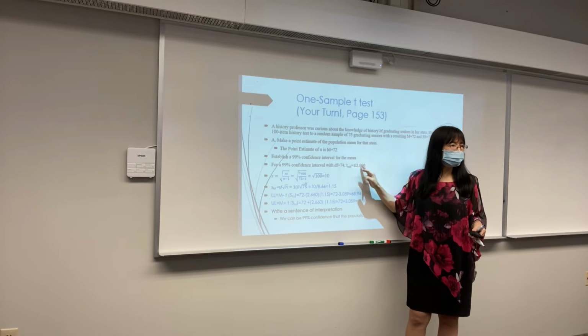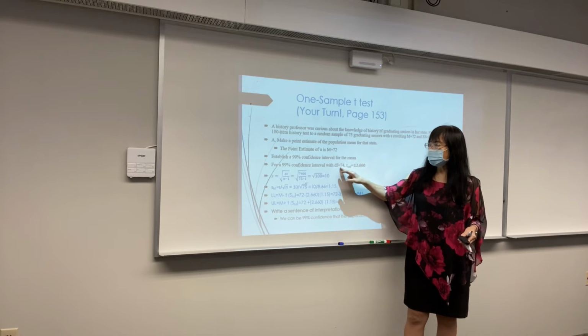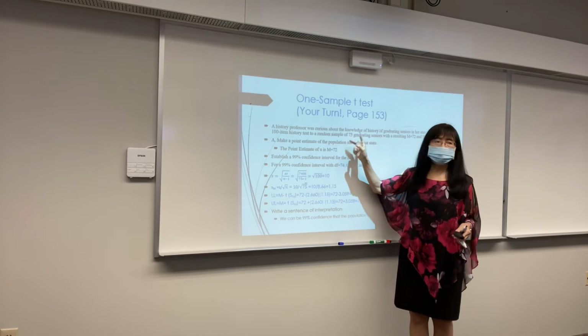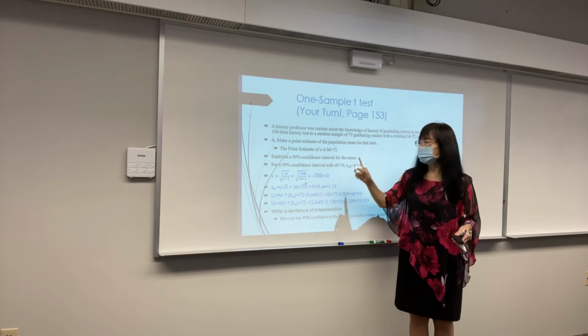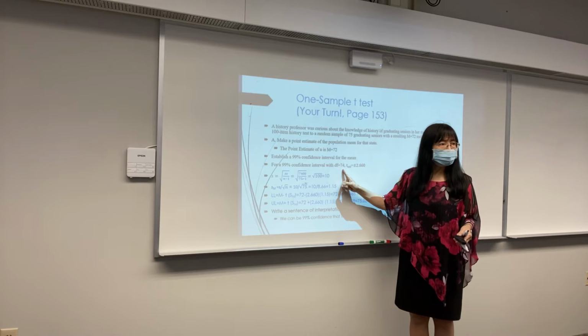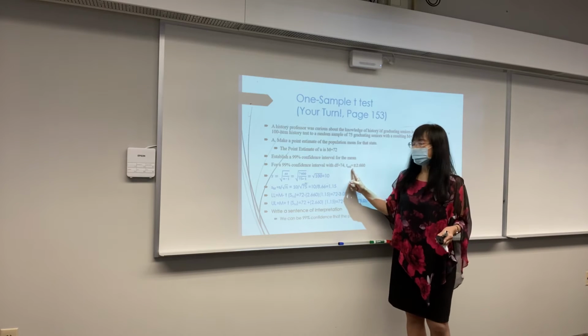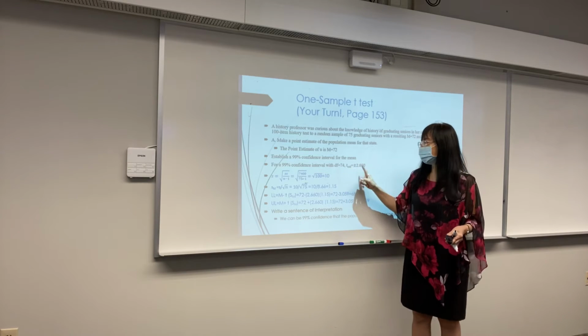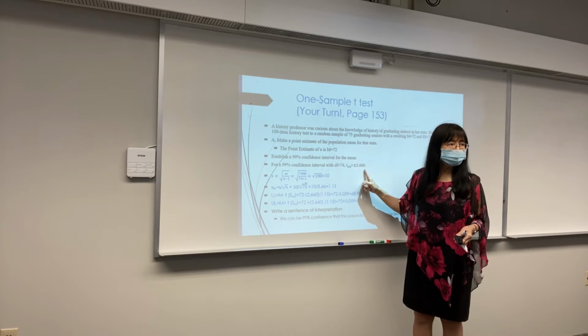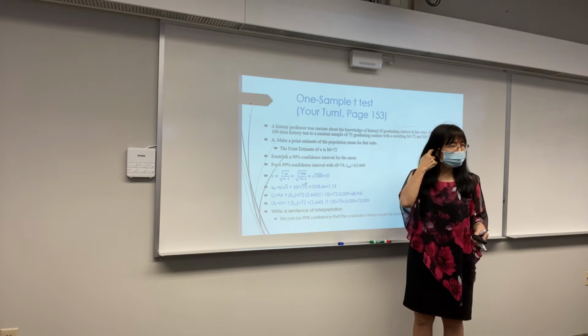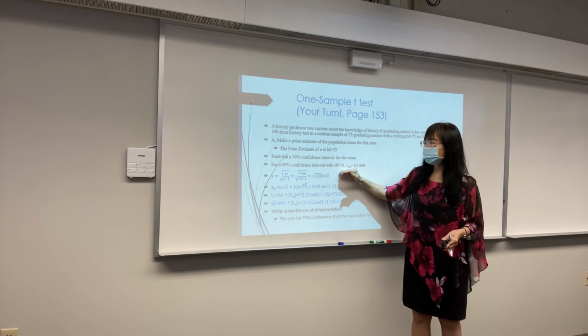Degrees of freedom is 74, why? Because there are 75 people. And with 74, T critical is positive, negative 2.660. So this step, you know how to do it.